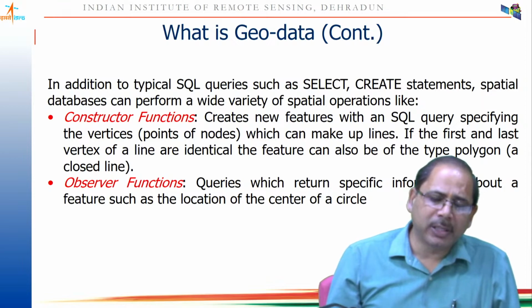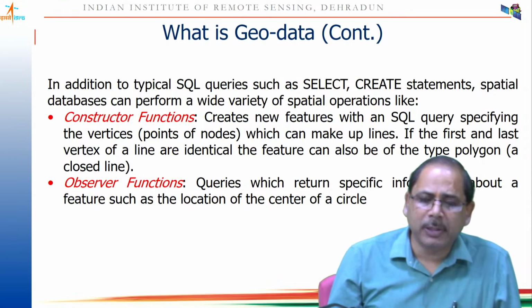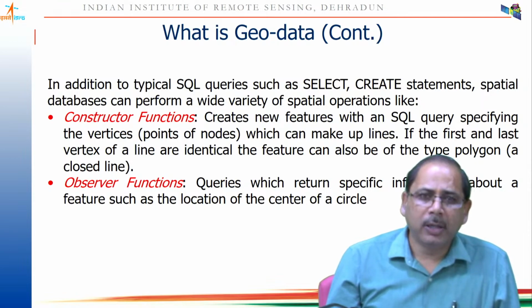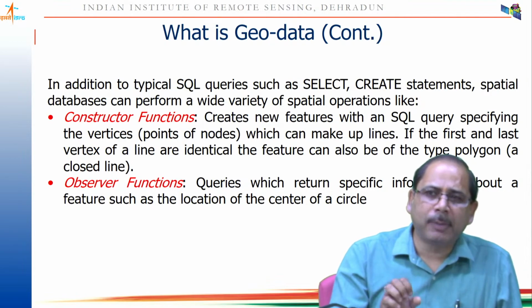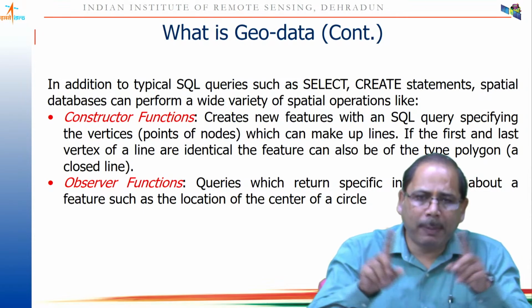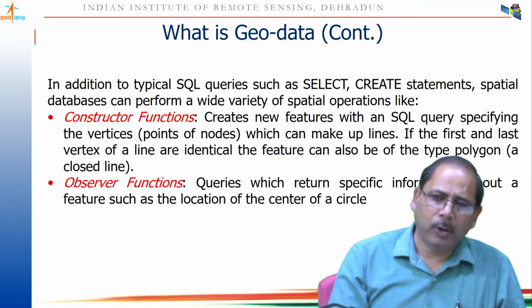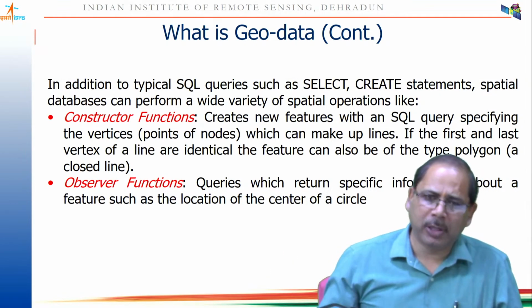Another kind of function which you require is called an observer function, like queries which return specific information about a feature, such as the location of the center of the circle. So here this is basically a measurement. This is a calculation. So this is called an observer function. Suppose I have big polygons. So I am only storing the nodes of these polygons. Or maybe I have line features, a road network.